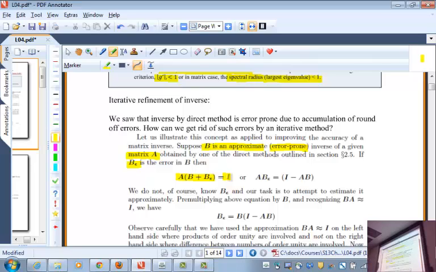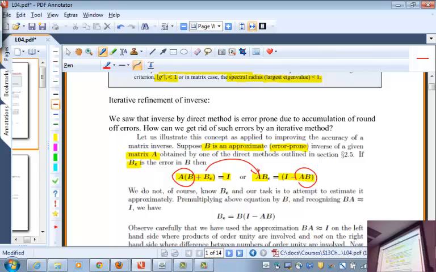How do I do that? I just multiply A B, and then A B epsilon. So I keep this on the left-hand side and move the A times B to the right-hand side. So I write it as I minus A B. So I've taken this term and moved it to the right-hand side, and this term remains on the left-hand side.